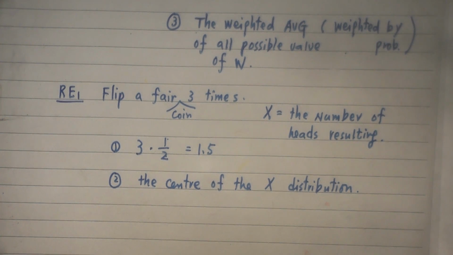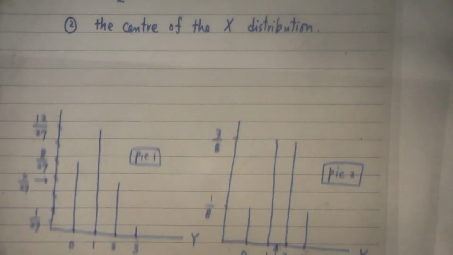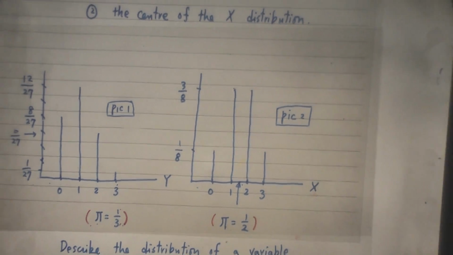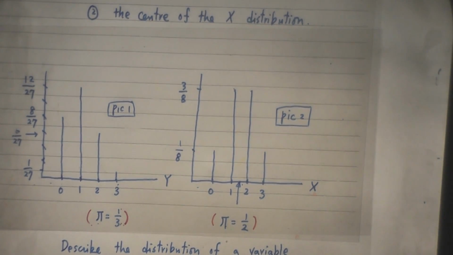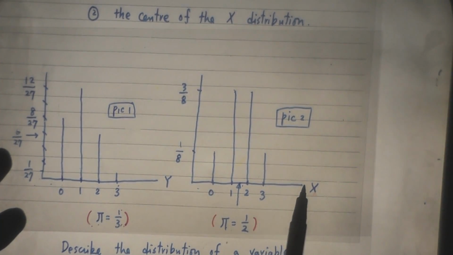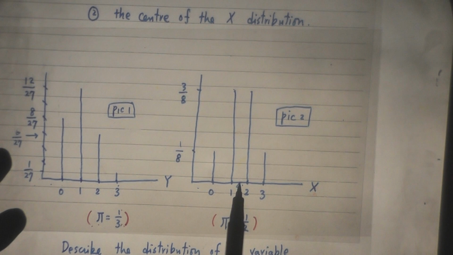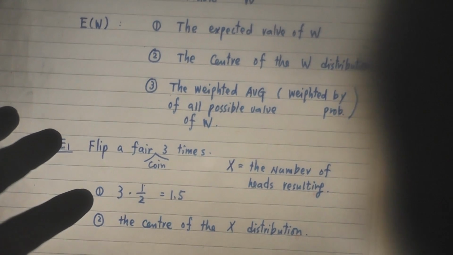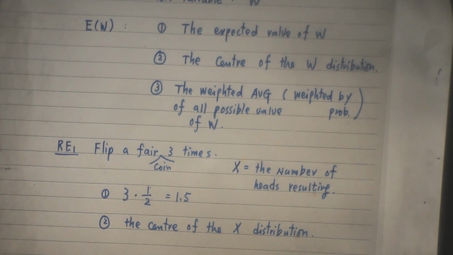Let's look at our previous notes, at this picture here. This is the X distribution. Where is the center of the X distribution? It is here. When you place your finger here, you balance the graph. And this point is 1.5, the same number as what we got earlier. Okay? So they are consistent.